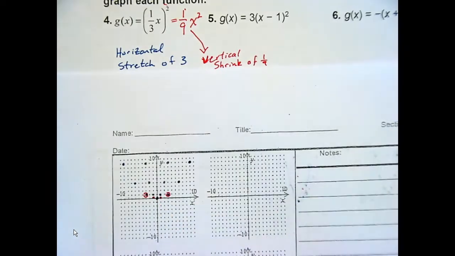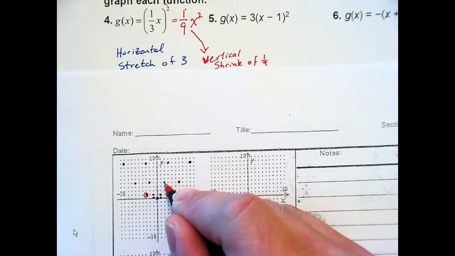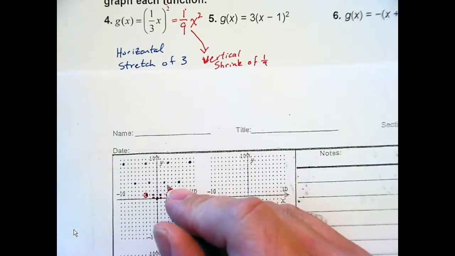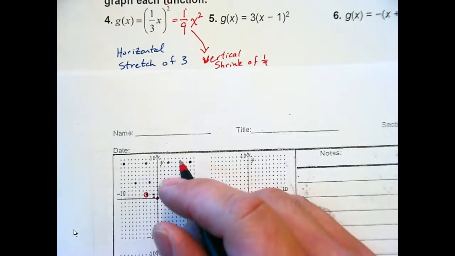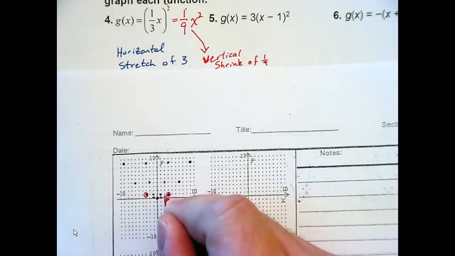It's at 1/9, right? If I shrink this one, well, that's 4. 4 times 1/9 is 4/9. 4/9 is just like what number? 4/9 is really close to 1/2. You guys are killing me here.